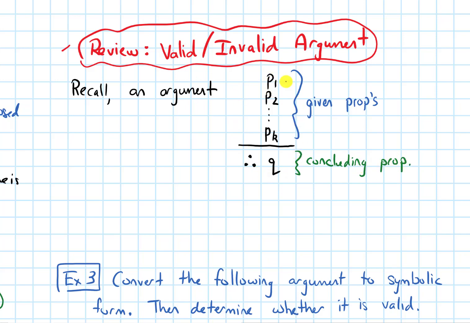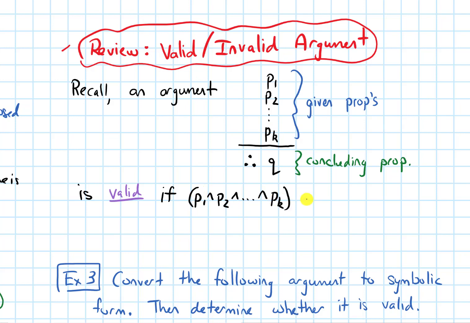So our argument has this form, and this argument is valid if we look at the proposition P1 and P2 and up until this last given proposition, PK.